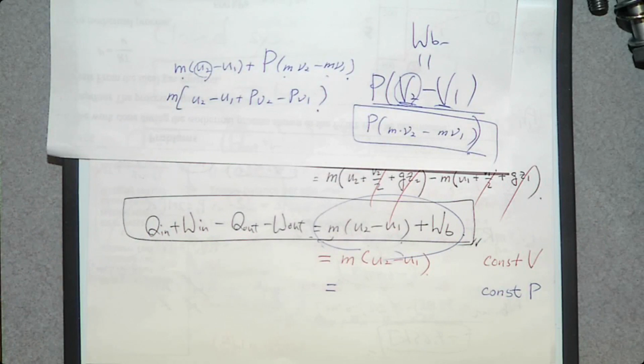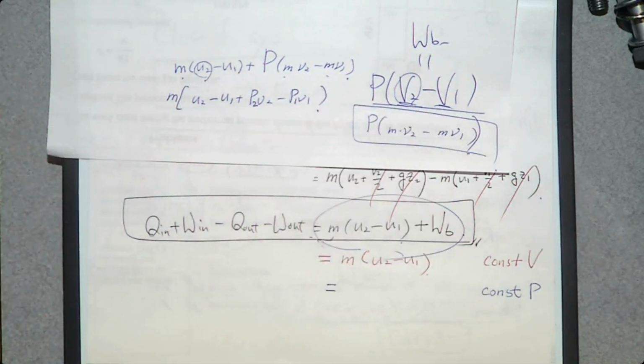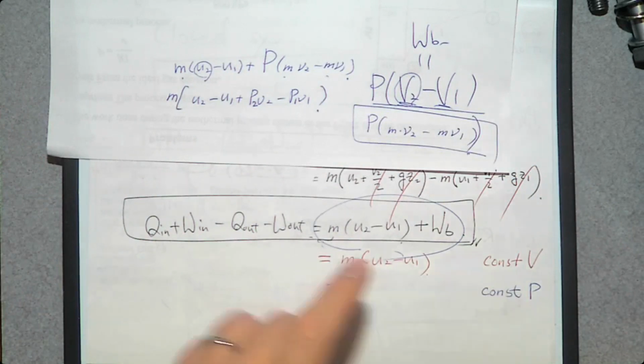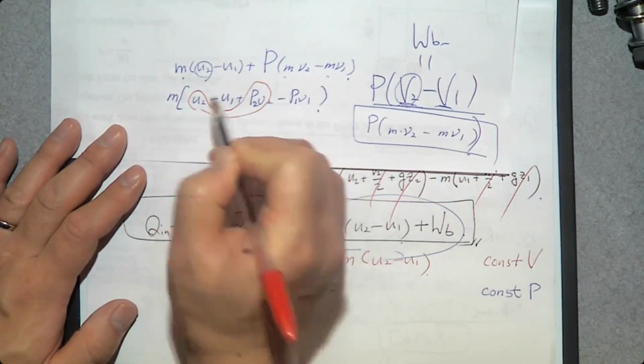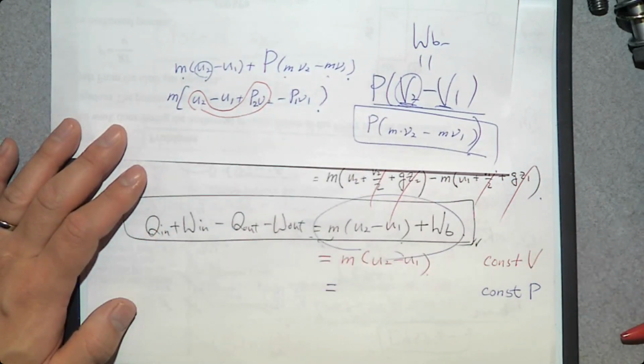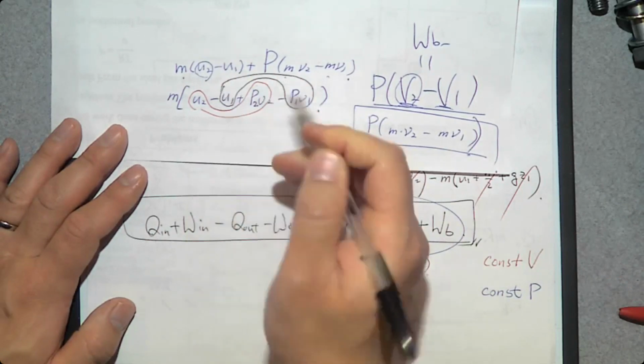Then we have subscript 2, 1, 2, 1. What about this subscript? Is it P1 or P2? Constant. So it can be P1 or P2. Doesn't matter because they are the same. So we can say it's P2, it's P1. No problem because P1 is P2. We're talking about constant pressure. And these two together: what is u plus Pv?